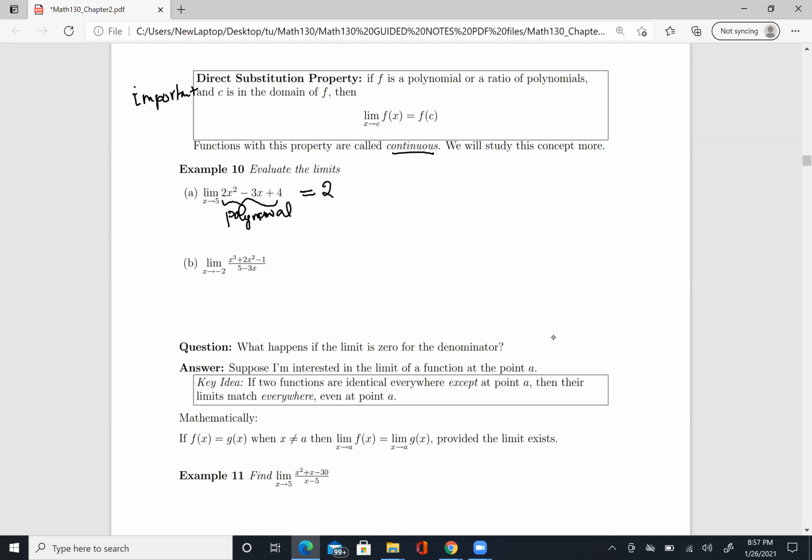So it's going to be 2 times 5 squared minus 3 times 5 plus 4. Now use a calculator: 50 for the first term, minus 15, plus 4, and that's going to give you 39.